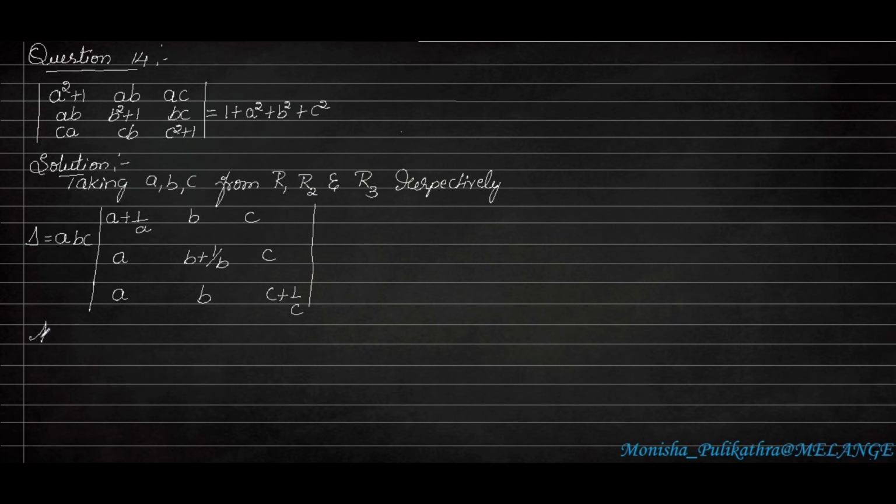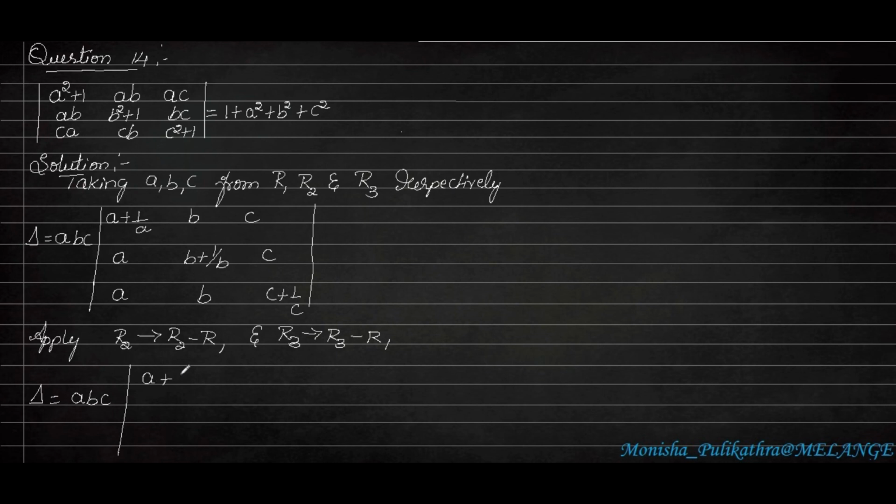After this I will be applying one more rule. So apply R2 to R2 minus R1, and also R3 equal to R3 minus R1. Okay, so these are the changes I will be making here. By applying this change we will get delta is equal to abc.